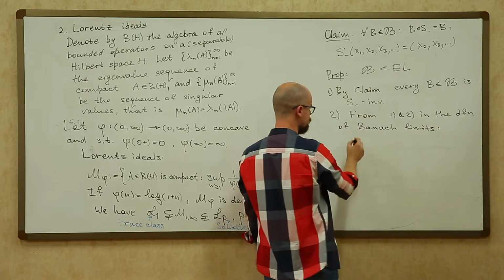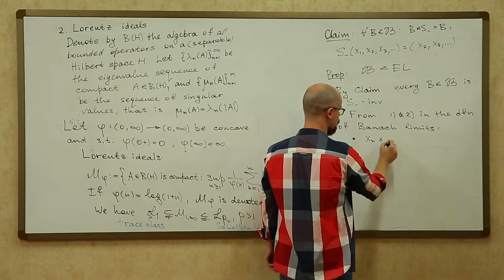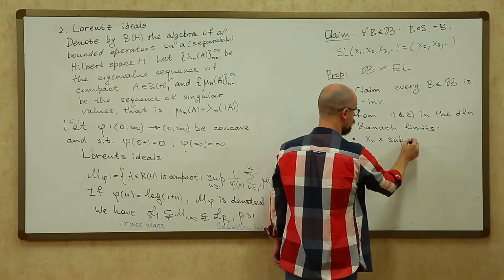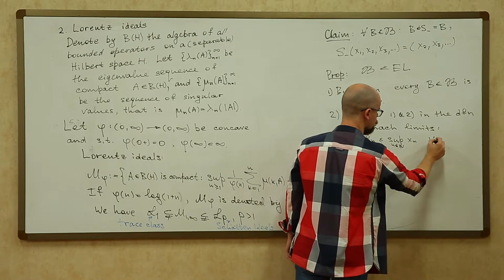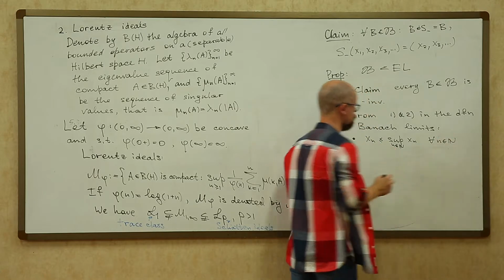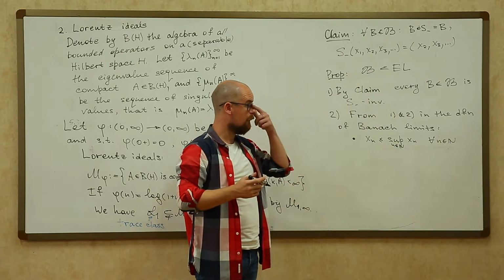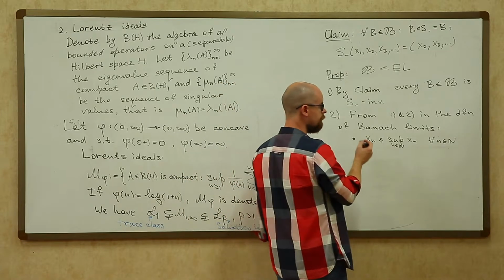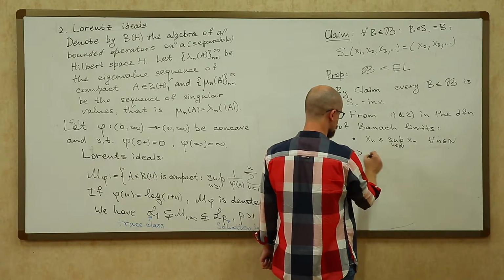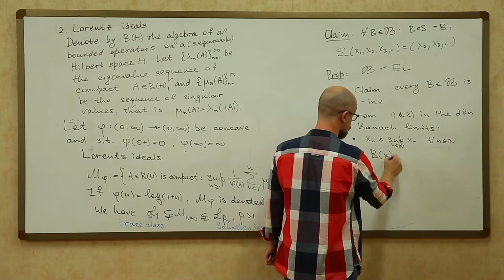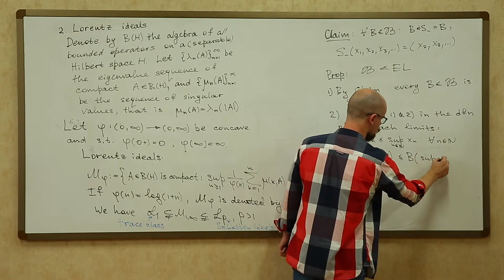We have the first point, xn less than or equal to the supremum of xn for every n. Since Banach limits are positive, then b of x is less than or equal to b of the supremum, let's say.